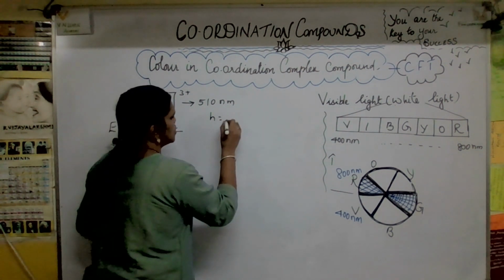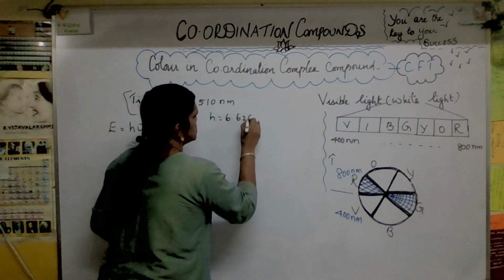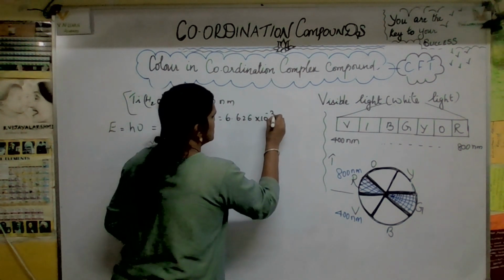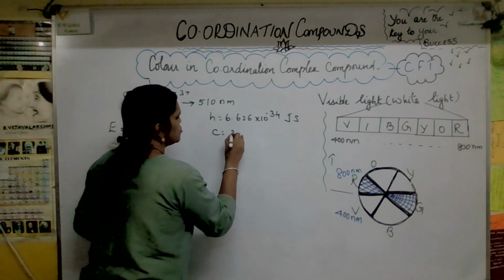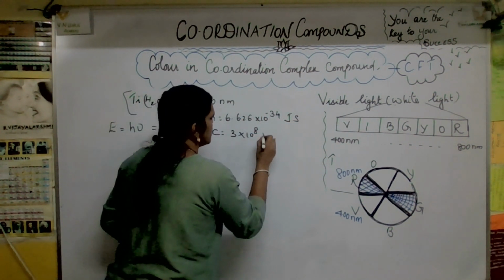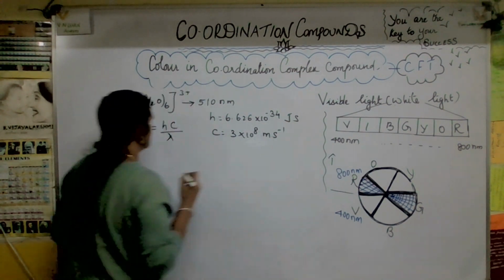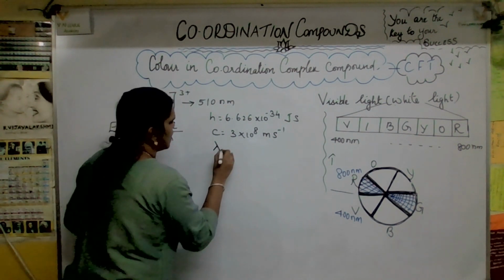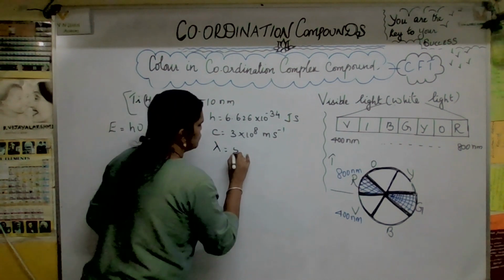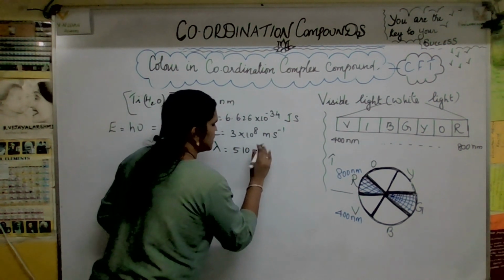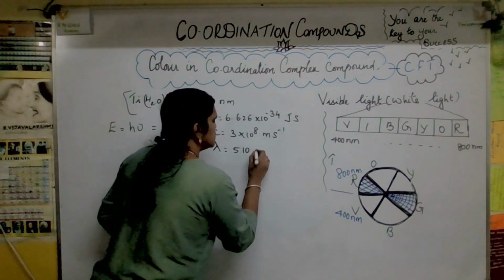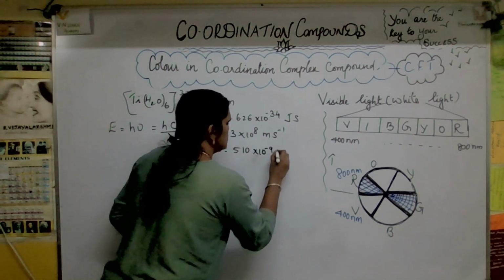Now h is 6.626 times 10 to the power of minus 34 joule second, and c is 3 times 10 to the power of 8 meter per second. Next one, lambda. Just now they have given 510 nanometer, so you just put it in that term, 10 to the power of minus 9 meter.